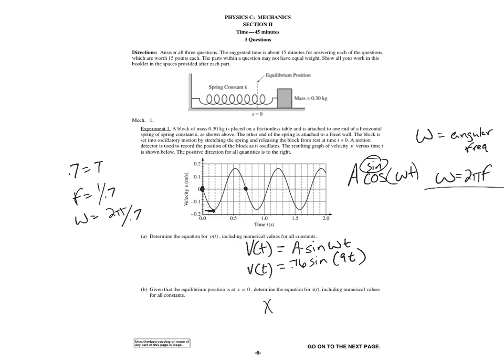So x of t is equal to the integral of v(t). In this case, it would be the integral of that up there, which would give us x(t) is equal to 0.16 divided by 9 cosine 9t, I believe.